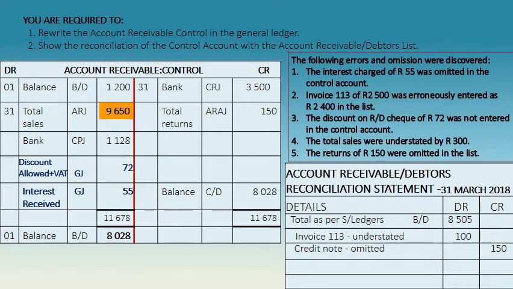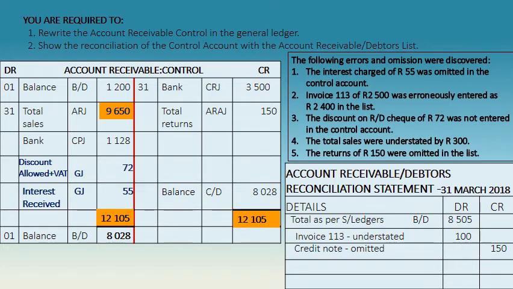When all the errors and omissions have been brought into the books, the final step will be to close the accounts receivable control in the general ledger by balancing it off with the adjusted totals.